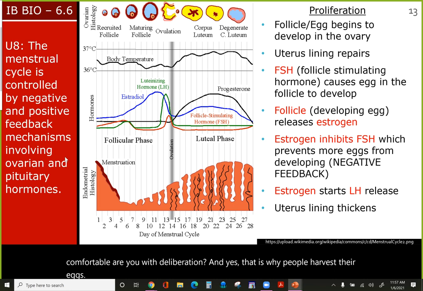Somebody asked a question, is that why people harvest eggs? So yes, there's actually a lot of different new technologies out there to help maintain fertility longer. So you hear about people that are in their 50s and 60s having babies.